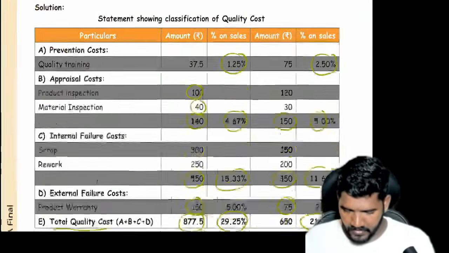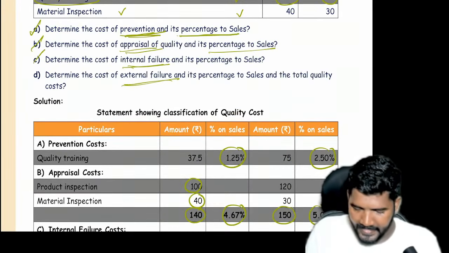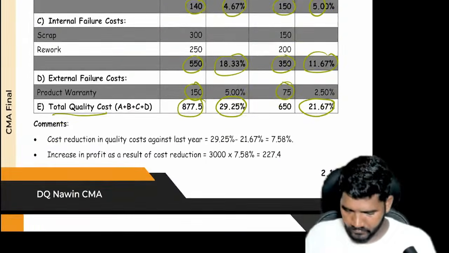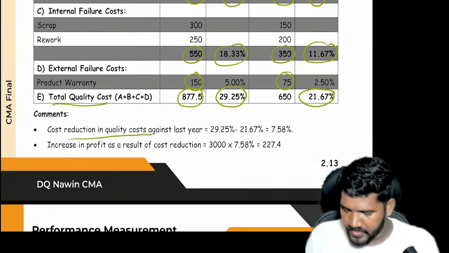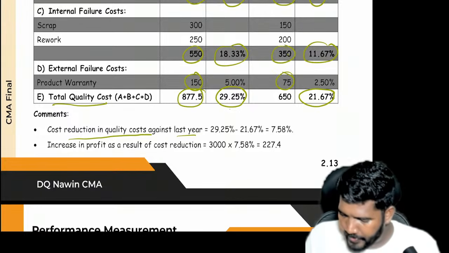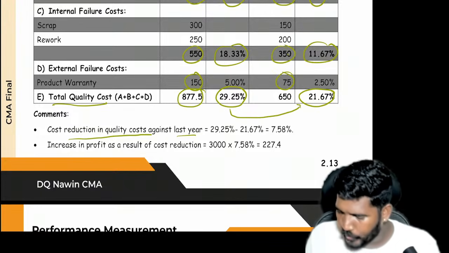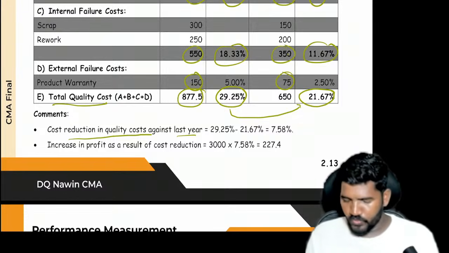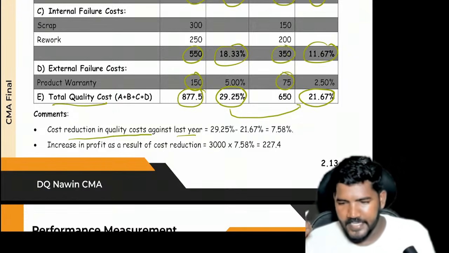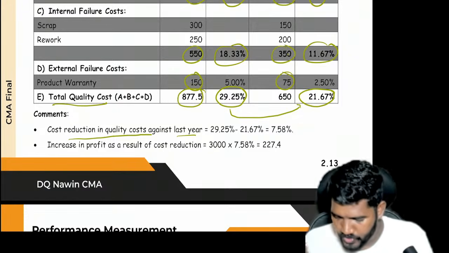So this is case A, case B, case C, case D. Cost reduction: quality cost last year was 29.25%, this year 21.67%. So this year we incurred less expense through cost reduction or cost control.